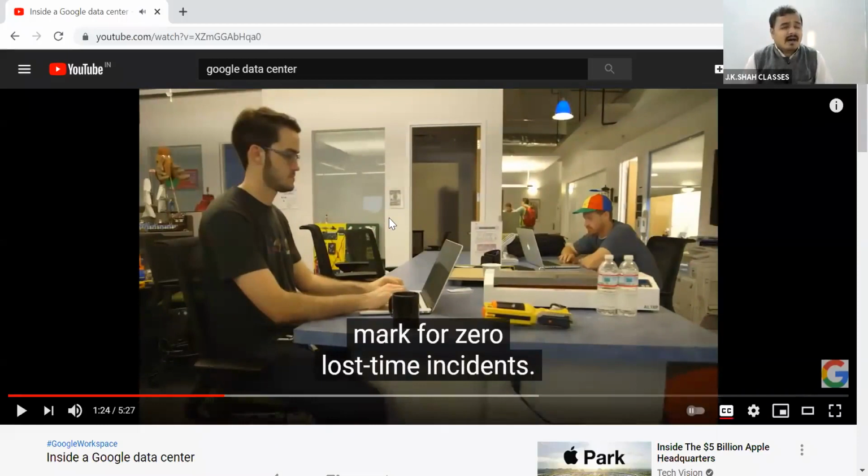3 million man hours of work they have done, and that too with zero defect. That is the beauty of this data center. Now they will tell you how the data is processed over here. If one hard disk fails, how do they replace it with another hard disk without disturbing anything? And still this entire data center works 24/7.